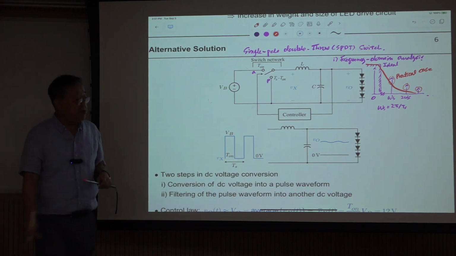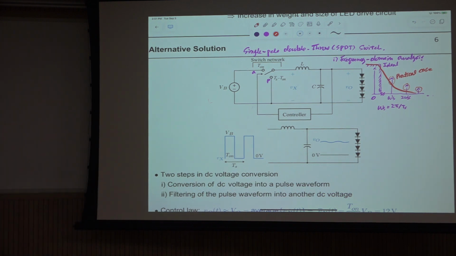All right. So let's think about the time domain. Let's think about everything in the time domain. Okay, so voltage Vx is coming here.